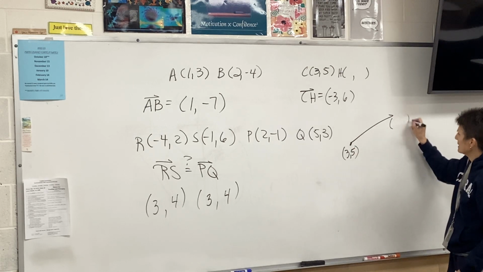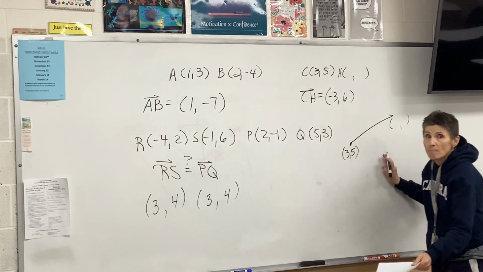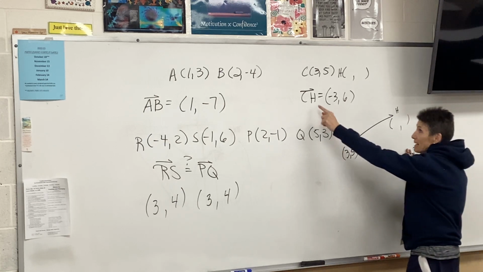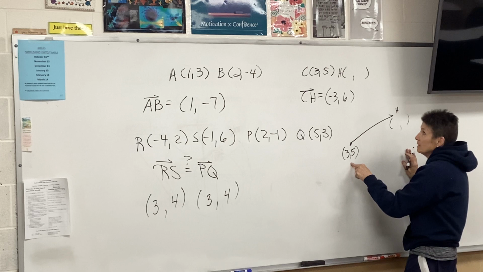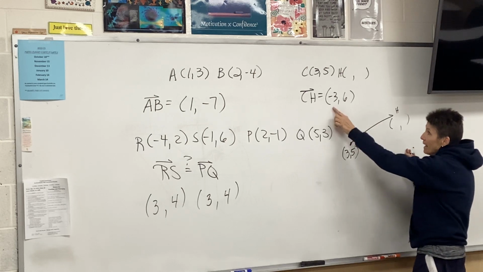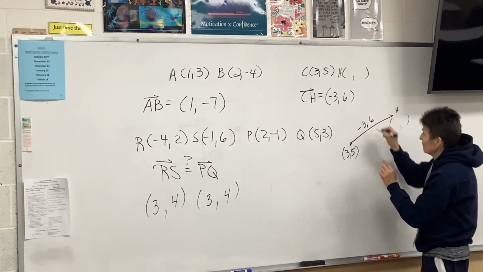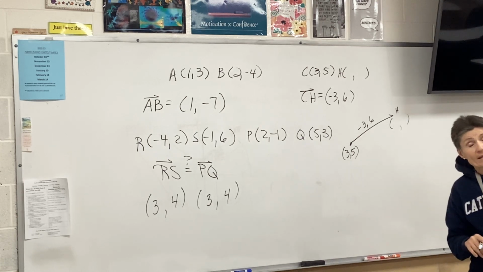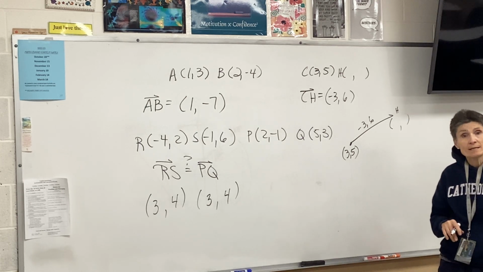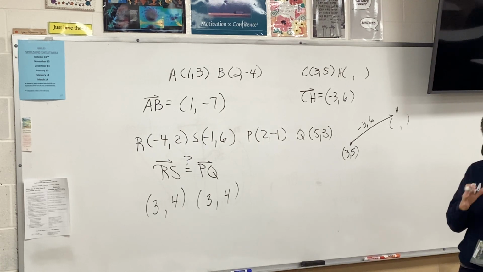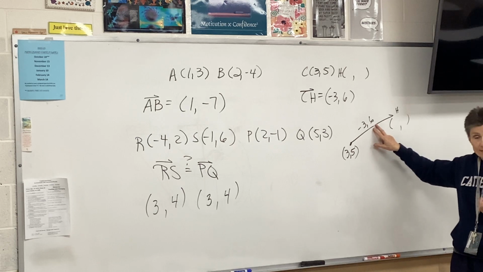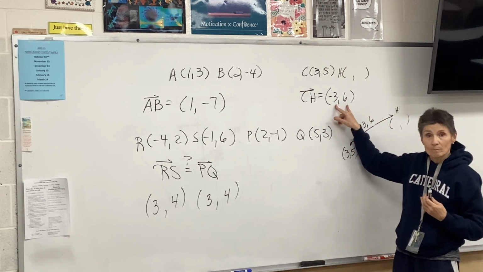I have no idea where I'm ending, but I know in order to get from C to H, I am moving this way. My picture's not quite right, but you get the idea. I'm moving left 3 and up 6. That's how this vector moves. This is the directed distance of the vector. These are the coordinates of the vector. This tells me how it moves.